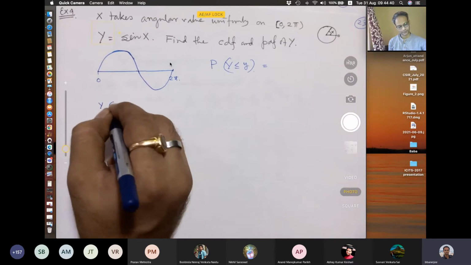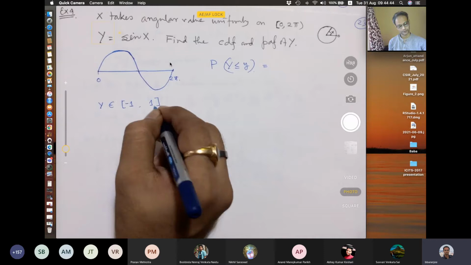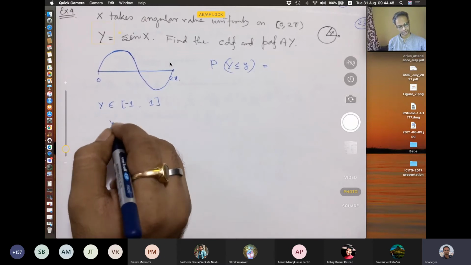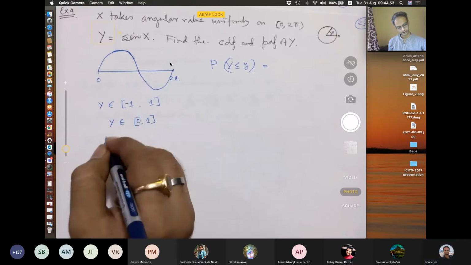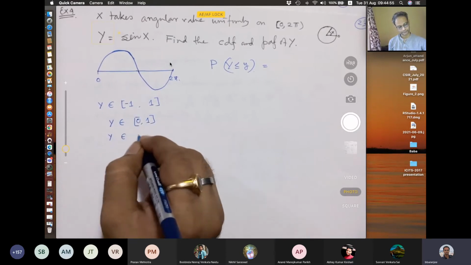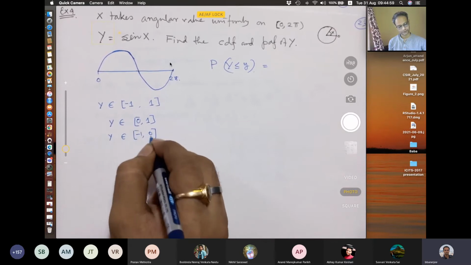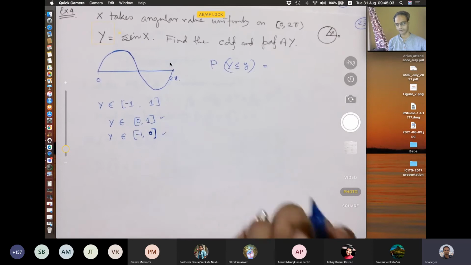So first you do it this way: y belongs to 0 to 1 and y belongs to -1 to 0. Deal with these two cases separately.